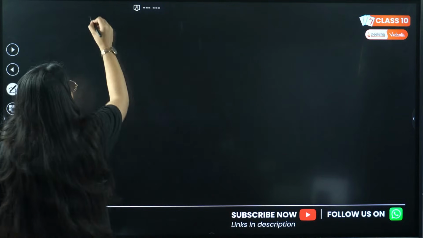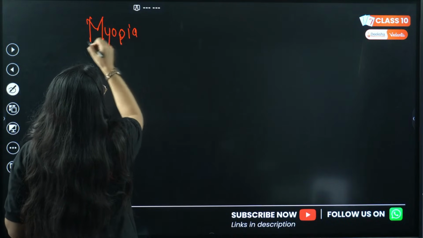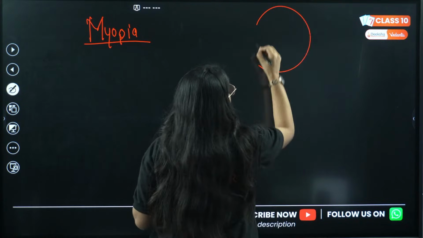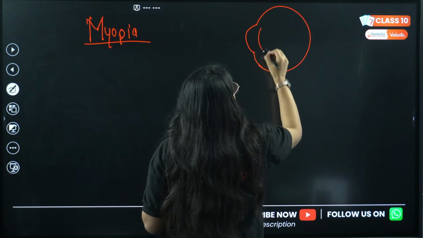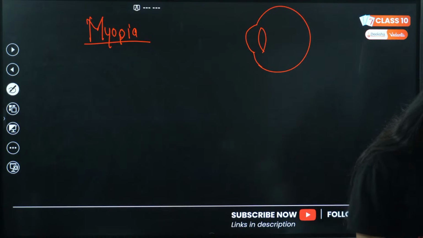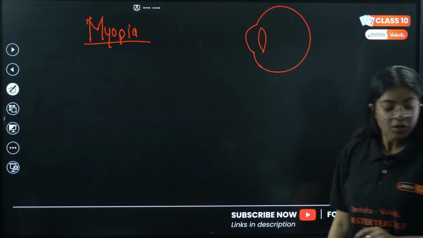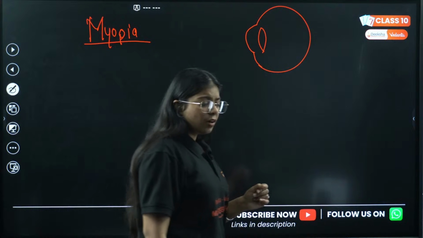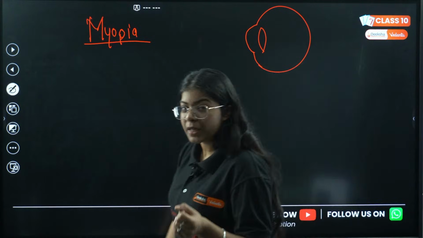Let me know, the image is formed in front of the retina or behind the retina in case of myopia.